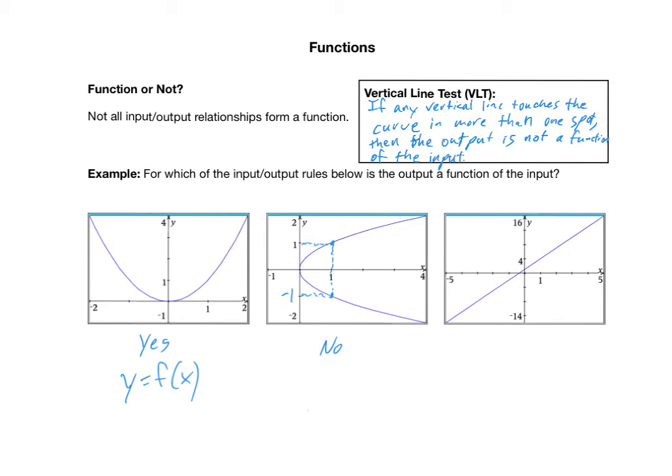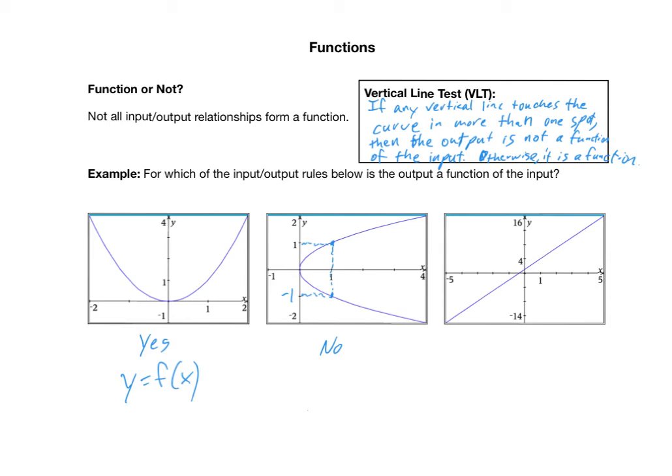Otherwise, it is a function. So let's see if we can apply this vertical line test without having to pick out particular inputs to see if there's only one corresponding output.